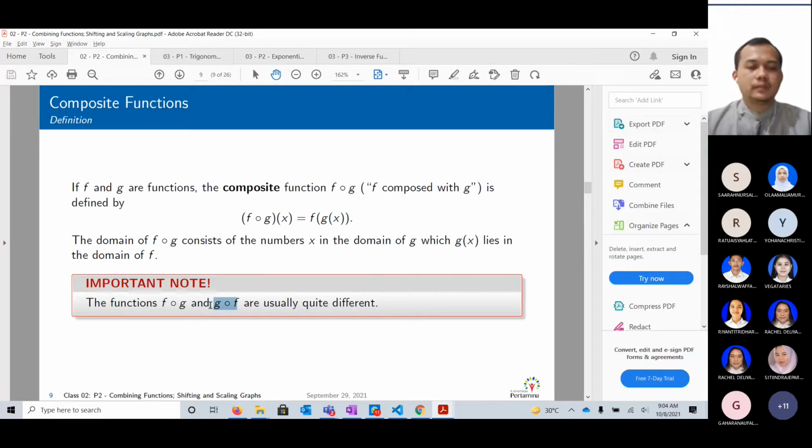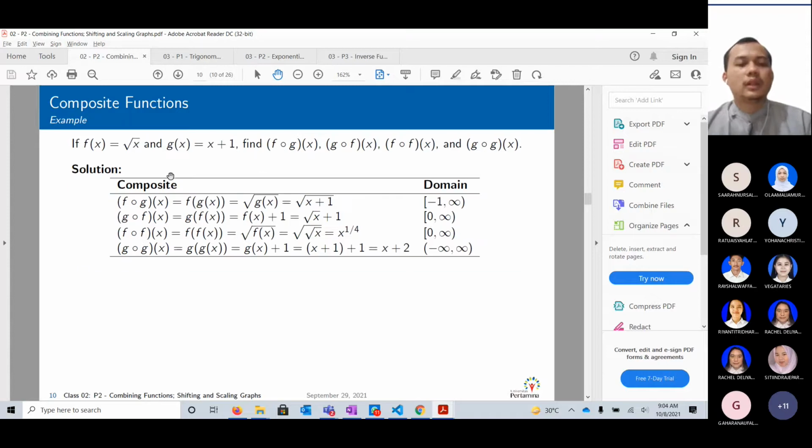For example, if we have f of x is square root of x and g of x is x plus 1, we want to find f composed with g, g composed with f, f composed with f, and g composed with g.